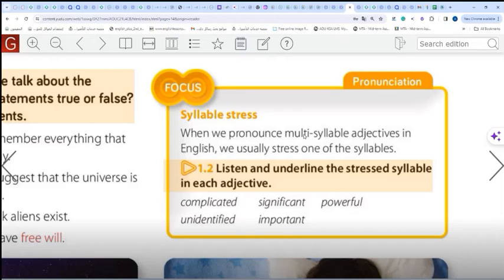Excellent. So, in the same way, when we pronounce multi-syllable adjectives, what do we mean by adjectives again? Excellent. So when we pronounce multi-syllable adjectives in English, we usually stress one of the syllables. So what do we mean by stress?